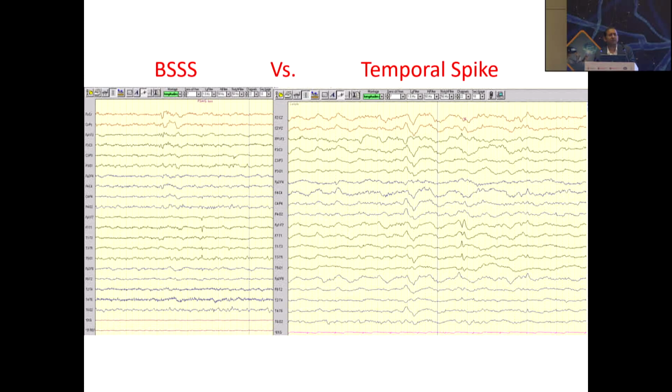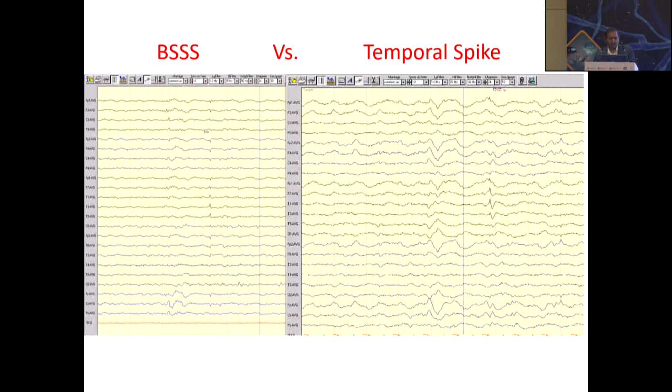Why is it not a spike? One is the amplitude, other is the duration. In a spike there will be clear-cut higher amplitude, after which comes a slow wave, and the duration will be more. So in the referential you can see clearly this BSSS, which comes like a tiny one, and the spike.